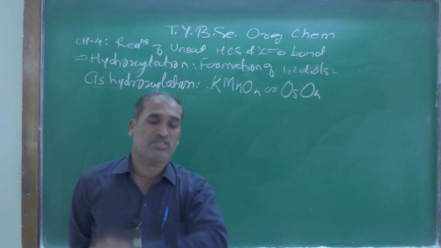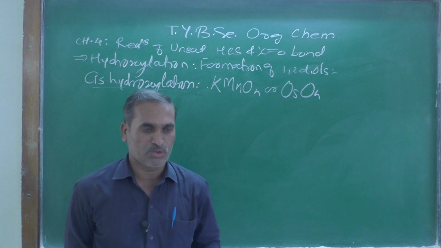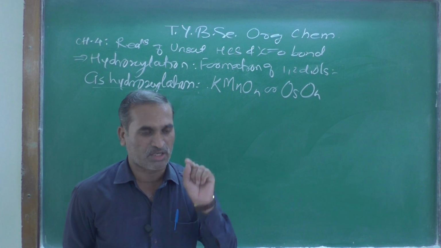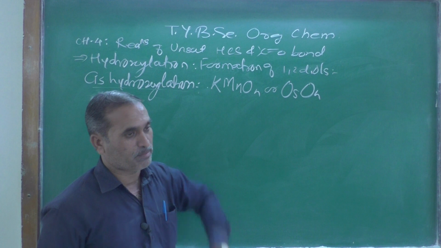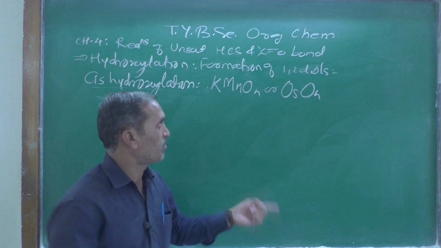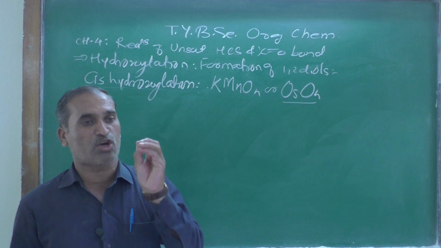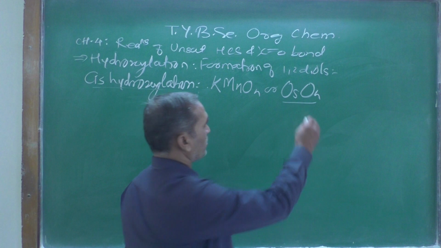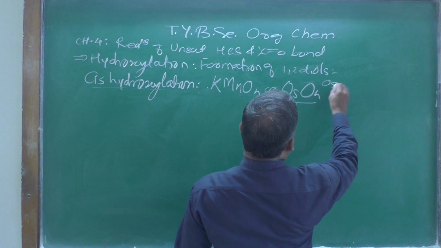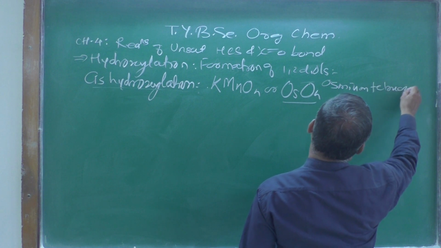And for cis hydroxylation, what are the reagents used? Number one is potassium permanganate, and second is OsO4. The name of this compound is osmium tetroxide.